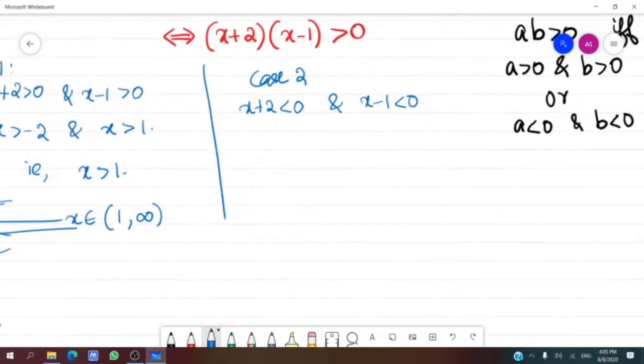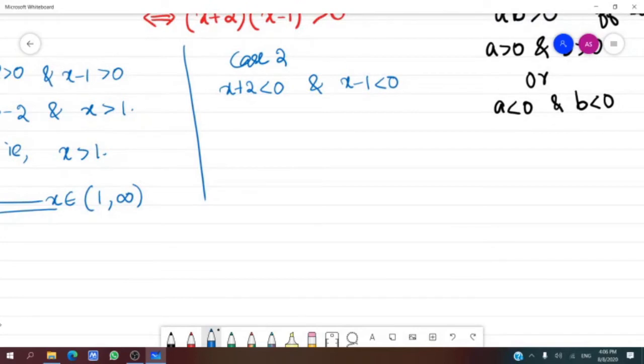And if both are negative, x is less than minus 2 and x is less than 1. X is less than minus 2 means minus infinity to minus 2. X is less than 1 means minus infinity to 1. The intersection of these two sets is minus infinity minus 2. So this means x is less than minus 2.